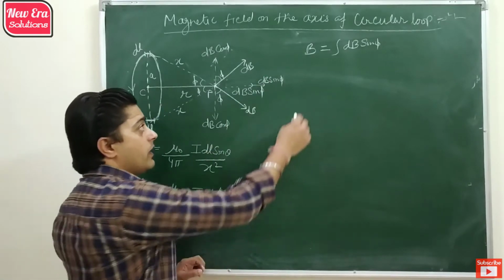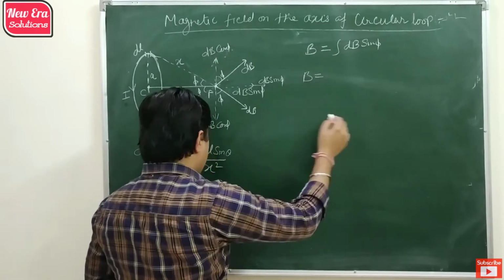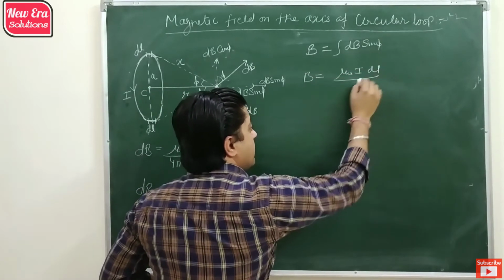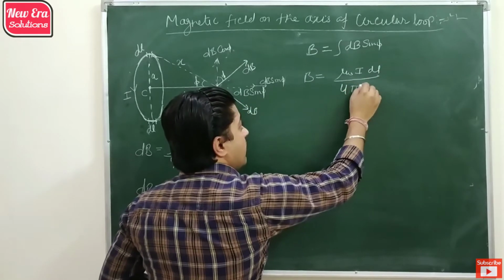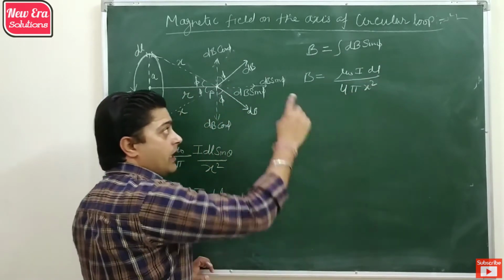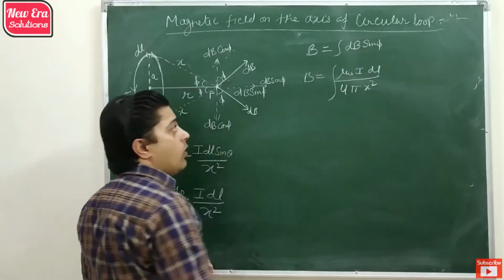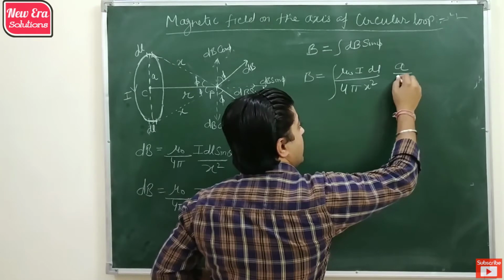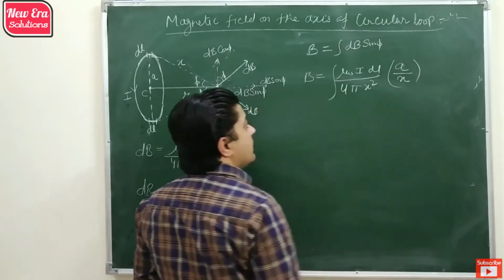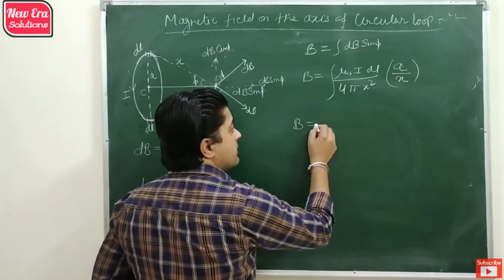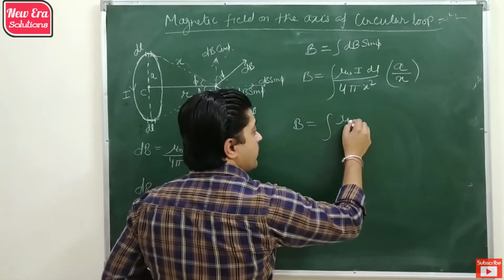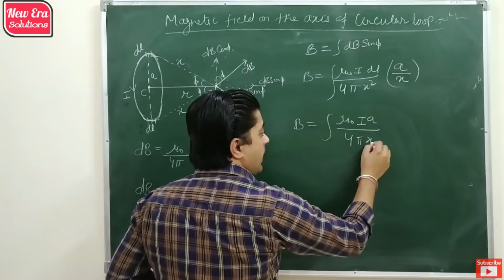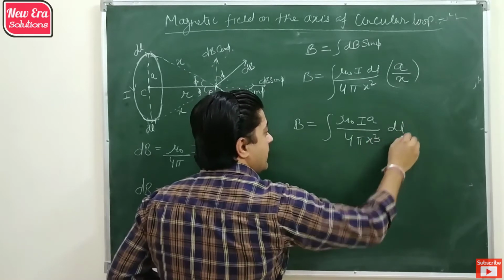Then by putting the value of the small magnetic field, which is mu naught I dl by 4 pi x square, and the value of sine, perpendicular upon hypotenuse, that is a by x, B is equal to the integration of mu naught I a upon 4 pi x cube dl.